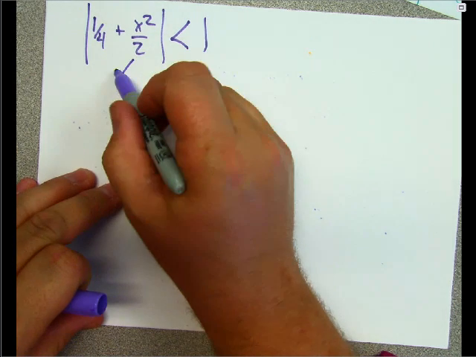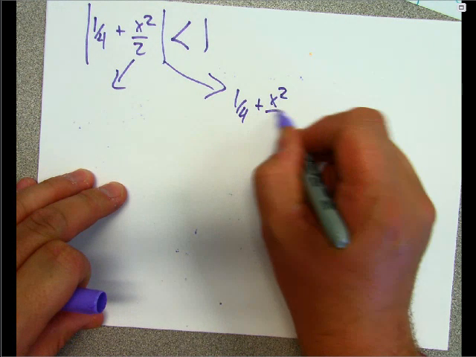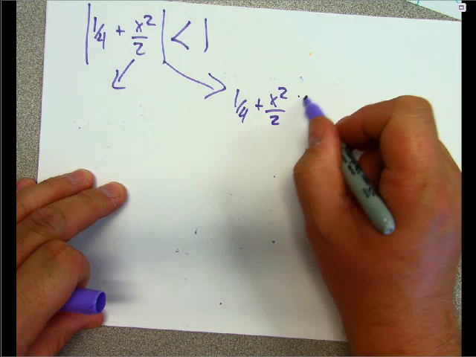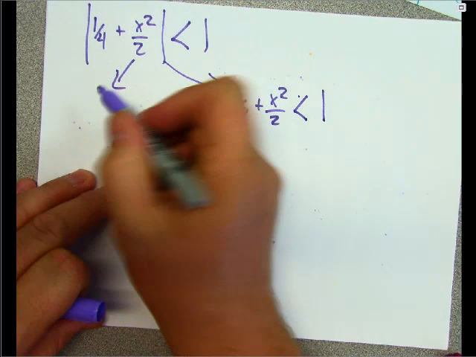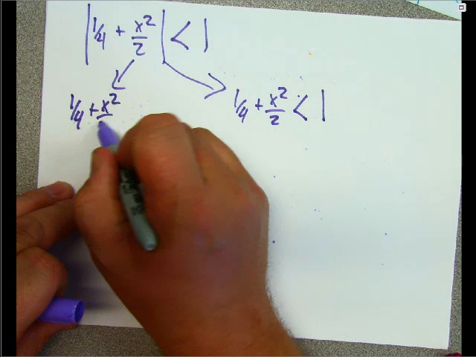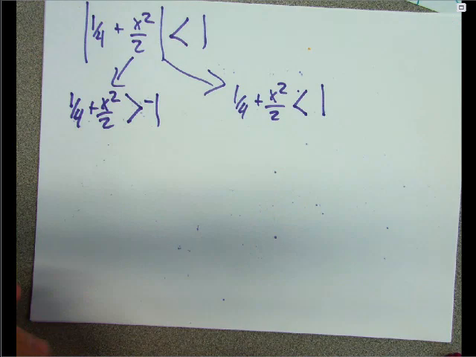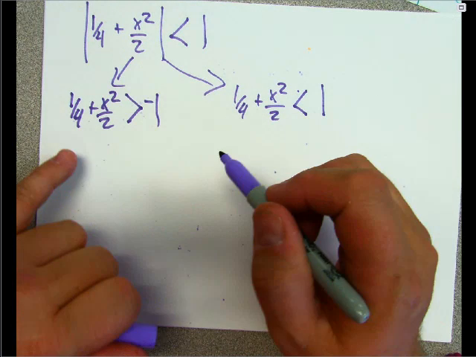Anytime we have an absolute value, we're going to do a positive version, and it stays less than 1. But we have a negative version as well, so I have 1/4 plus x squared over 2 is greater than -1. From here, we can actually solve this out.